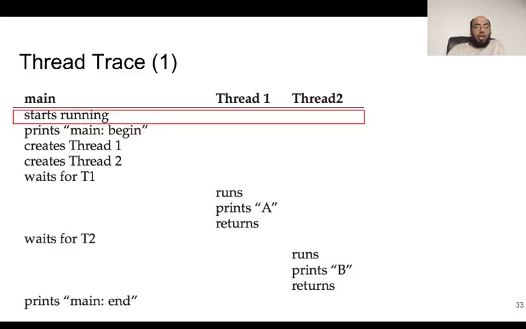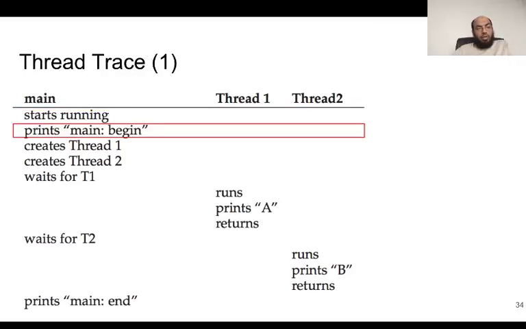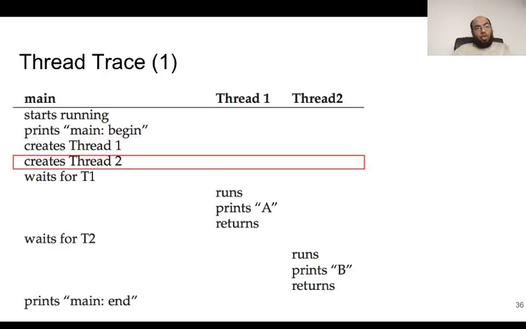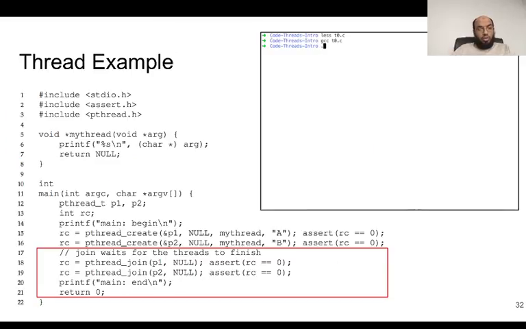Okay, and these are three threading traces that we can look at. You start running, you print main begin, you create thread 1, then you create thread 2. If you look at this code, once you do the two creations, line 15 and line 16, line 17 is just a comment, so it's nothing.